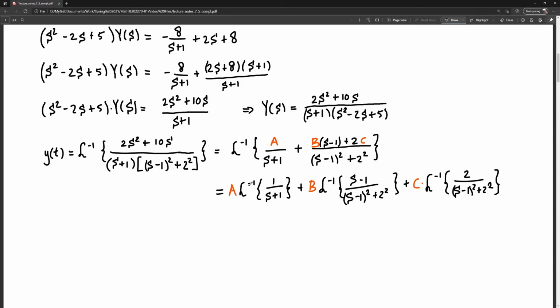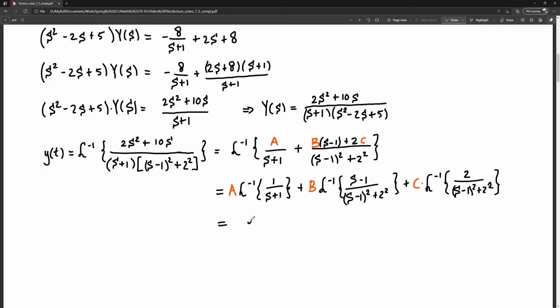And these are Laplace inverses that we can look up in a table. So the first one, the Laplace inverse of 1 over (s plus 1), is of the form 1 over (s minus a).